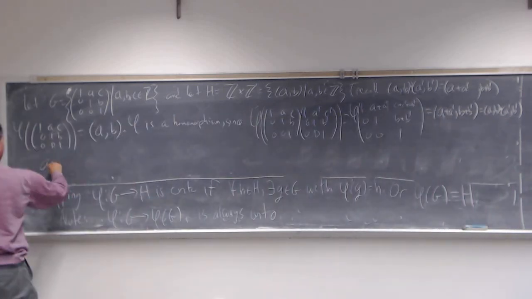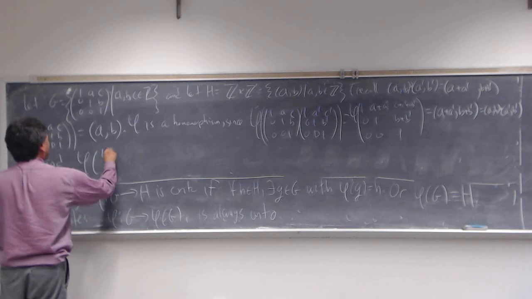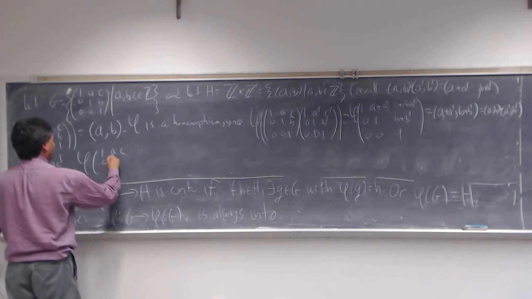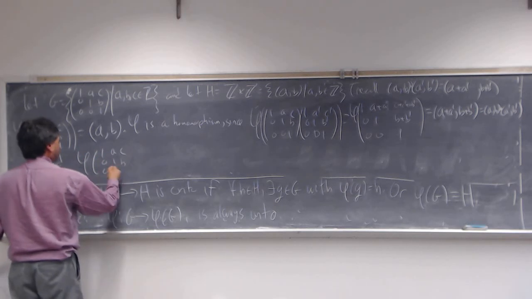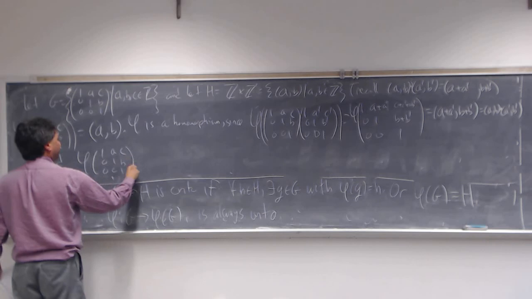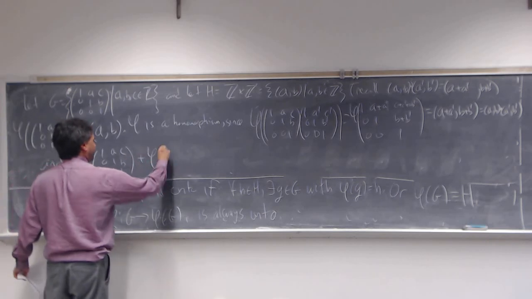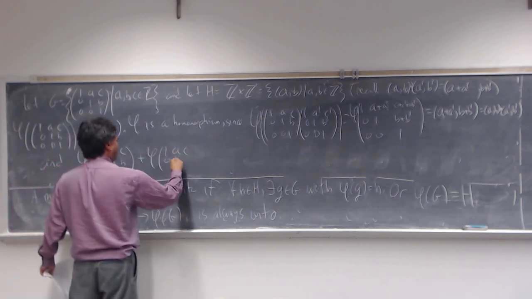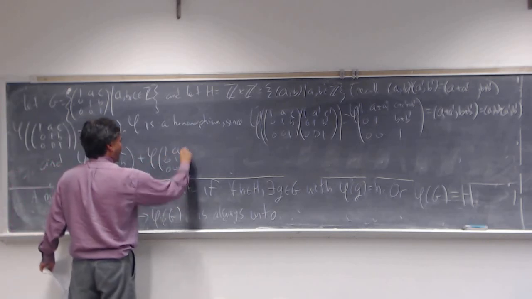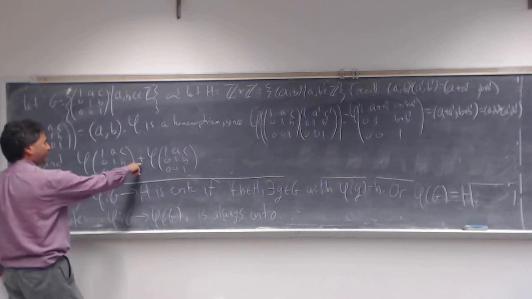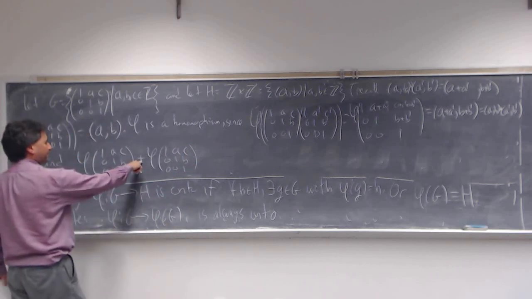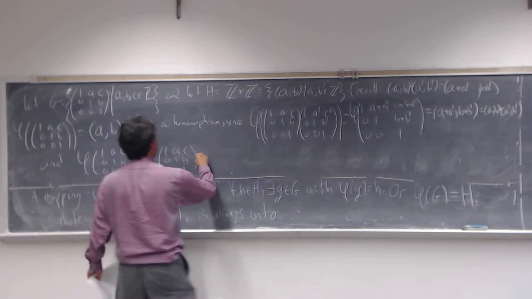If I multiply each one separately, so I take phi of this element, and I combine it with that with the group operation.